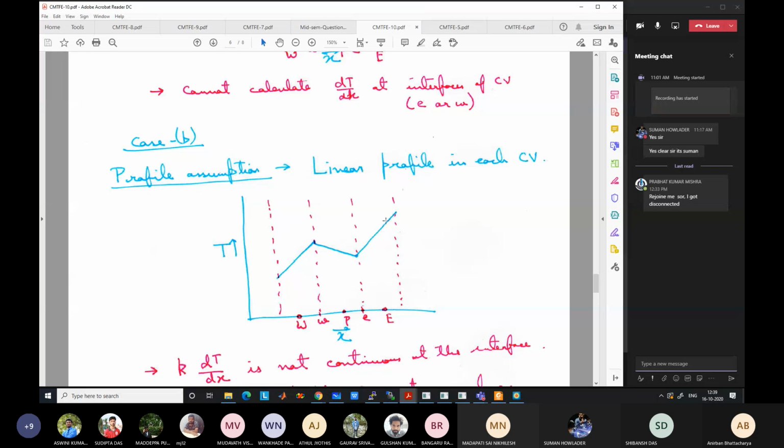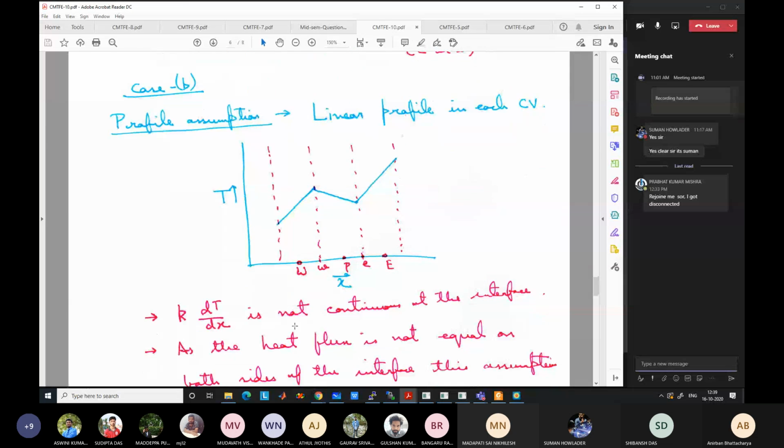The flux you calculate here will be based on this slope. So for the E control volume, the flux is given by this slope, and for the P control volume, the flux is given by that slope. So the flux is not equal at the faces, but it needs to be equal. K dT/dx is not continuous at the interface, as the heat flux is not equal on both sides, so this assumption is not acceptable.